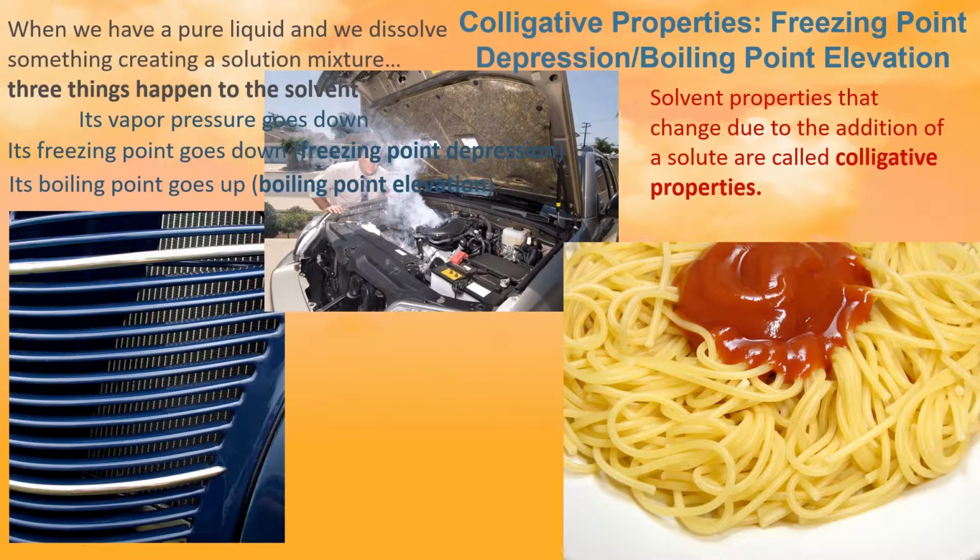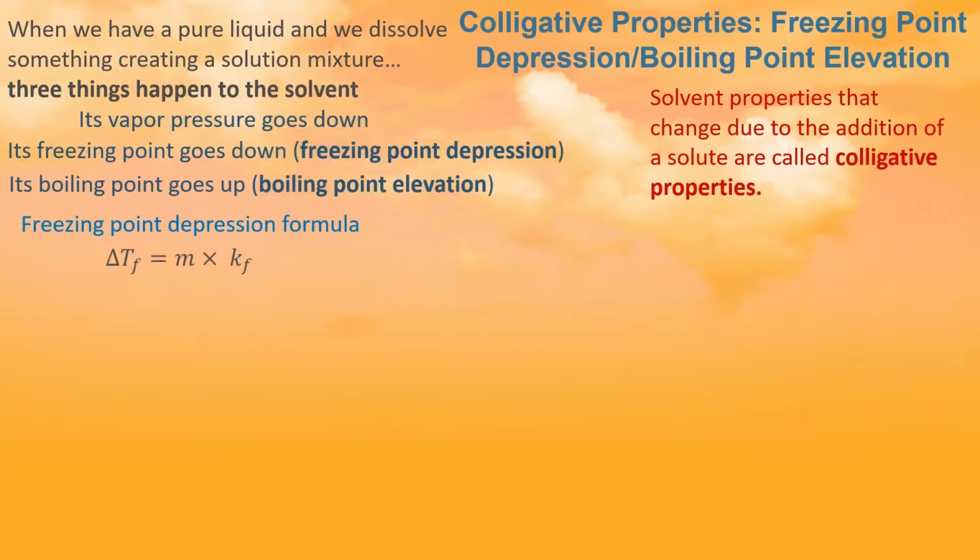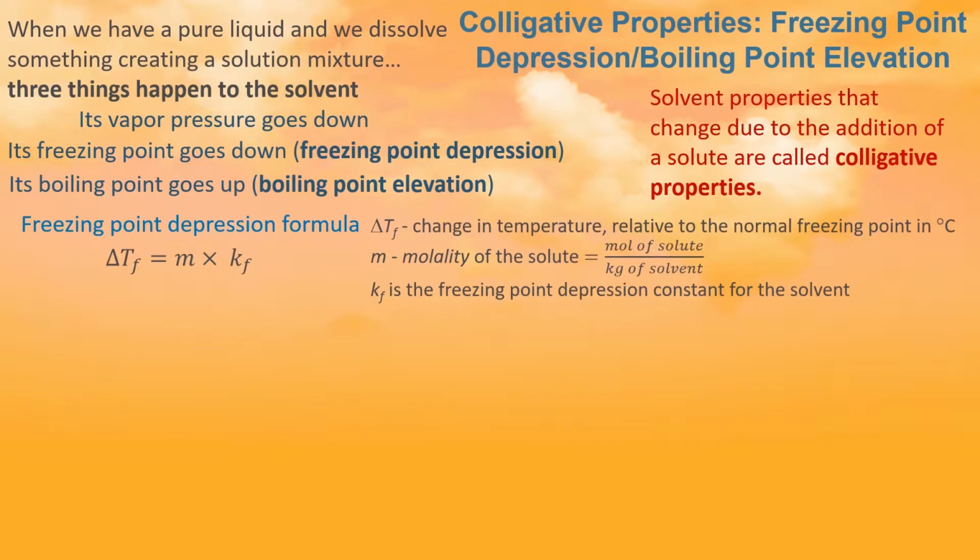At moderate concentrations of solutes, it's straightforward to calculate the change in the new boiling and freezing points of the solution mixtures. For now, we will limit our solvent to water. To calculate the change in the freezing point when we drop a solute into the solution, we use the simple formula shown, where delta Tf is the change in temperature relative to the normal freezing point of the pure substance in degrees C, or K since we're looking at temperature changes.